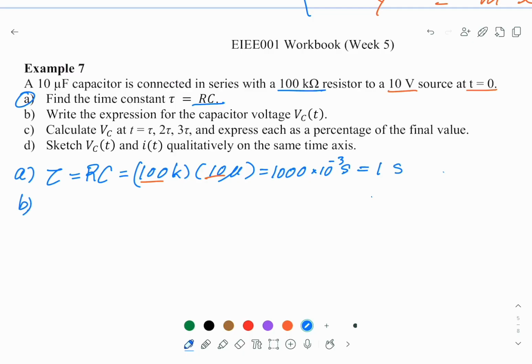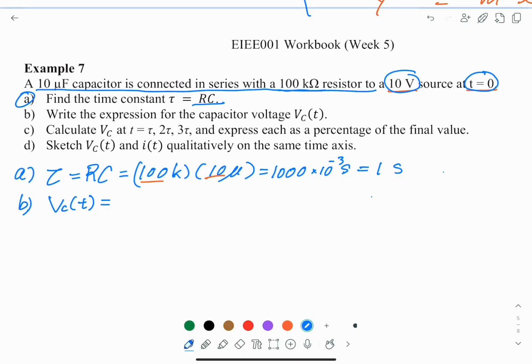B, the capacitor is connected in series with the resistor to a 10 volt source at t equal to 0. So it is charging. The voltage across the capacitor as a function of t is equal to V0, this is your V0, times 1 minus e to the minus t over RC.